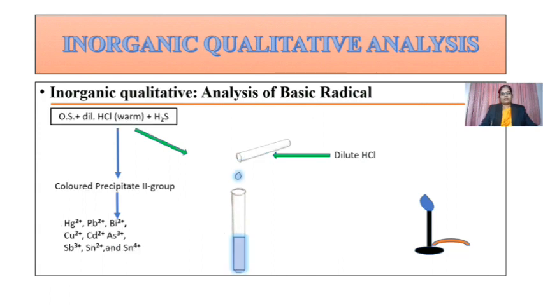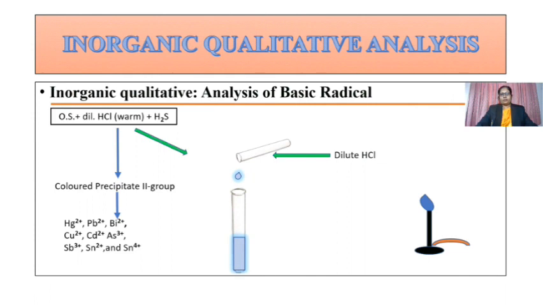Next to that is the second group. The reagents required for this second group are dilute HCl and H2S, and the radicals present in that group are Hg, Pb, Bi, Cu, Cd, As, Sb, Sn2+ and Sn3+.